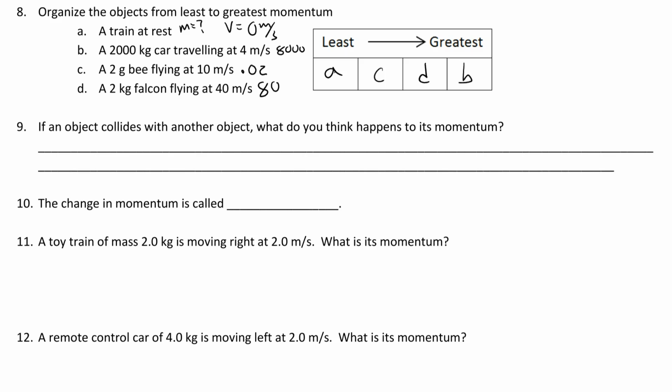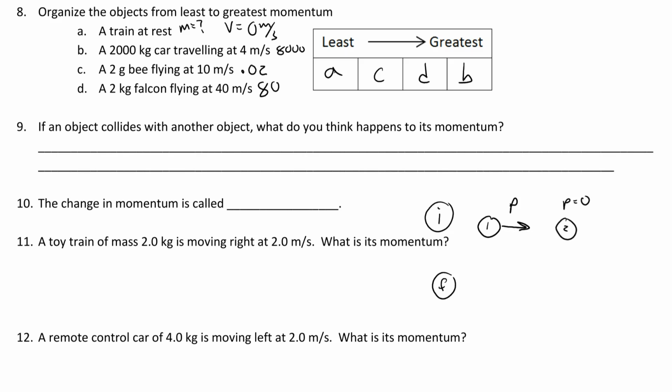So actually, the total momentum for the system is going to stay the same, but it could transfer from one object to another. Let's say you have a ball and it has some momentum, but then it collides into another ball that's at rest. So this is like the initial situation. In the final situation, the ball's coming along, boom, it hits the other ball.